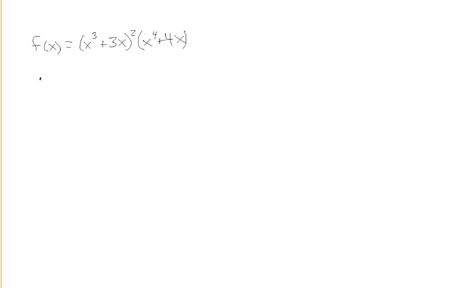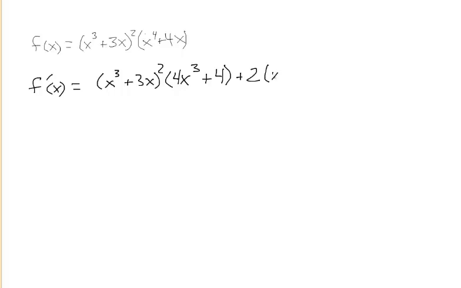So here we have f prime of x is equal to the first term, x cubed plus 3x squared, times the derivative of the second term, which is 4x cubed plus 4, plus the derivative of the first term, which is the chain rule, 2 times x cubed plus 3x, times the derivative of the inside, which is 3x squared plus 3, times our second term, which is x to the fourth plus 4x. And that's how we use multiple derivative rules.